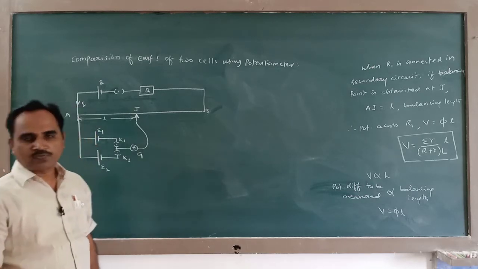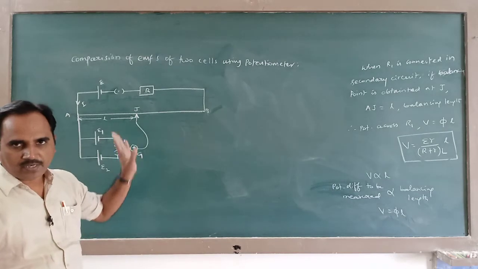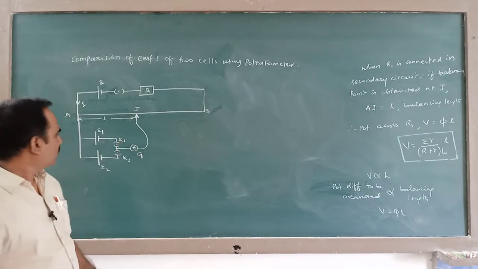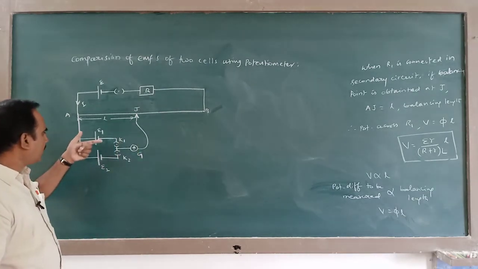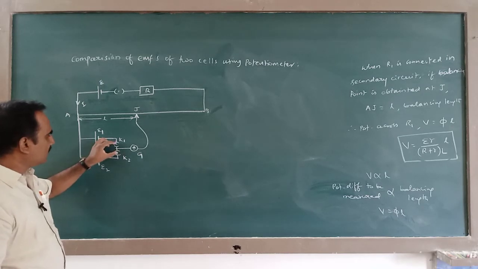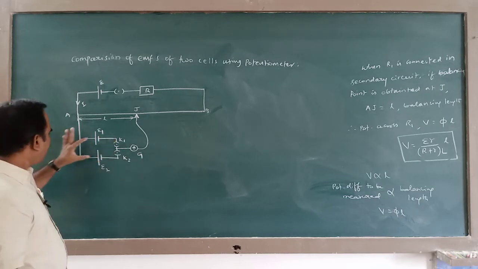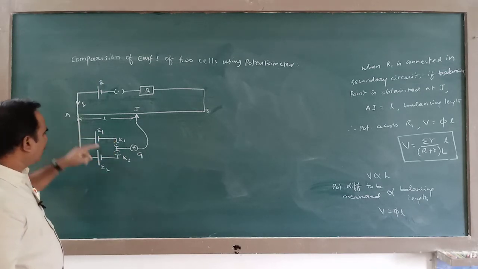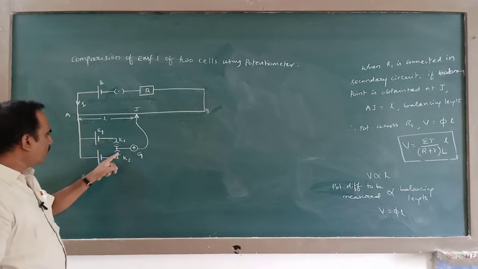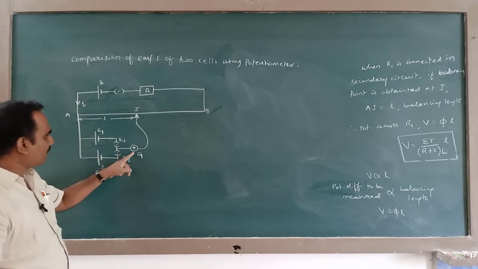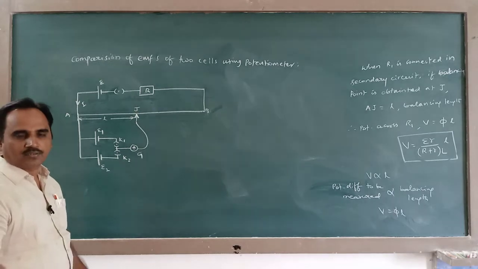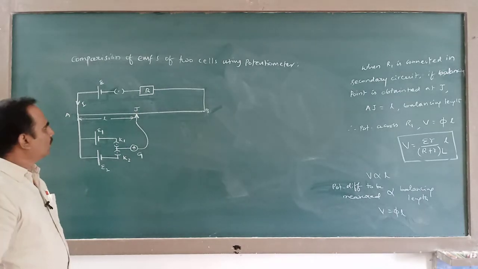In all experiments with potentiometer, the primary circuit will remain the same. The two cells whose EMFs are to be compared are connected in parallel by using the two-way key, the positives are connected to the end A, the negatives are connected to the two-way key, and the middle terminal is connected to the galvanometer and the galvanometer to the jockey.